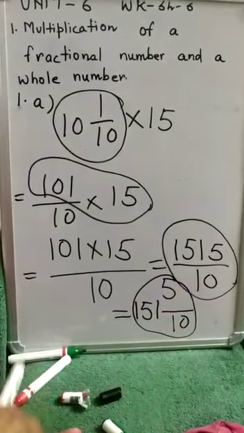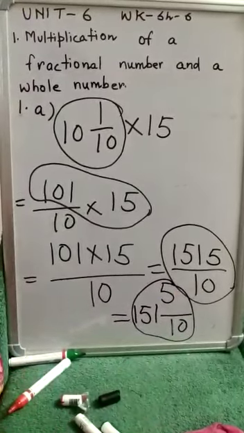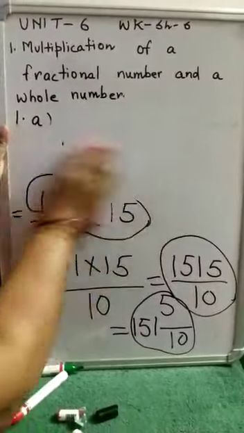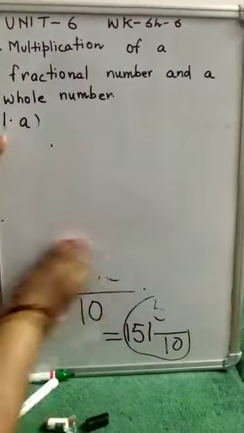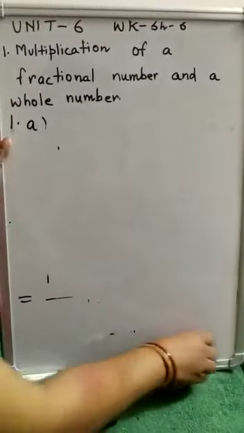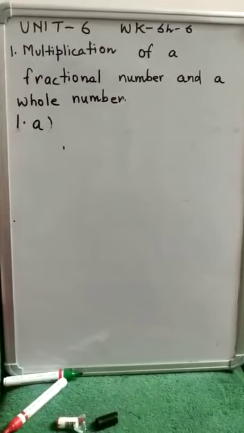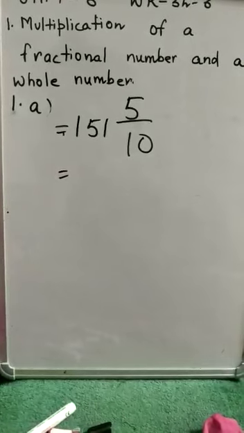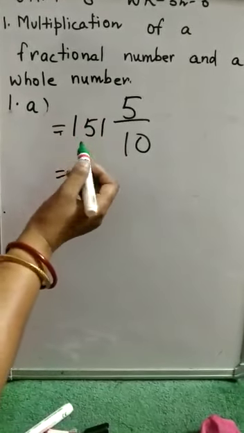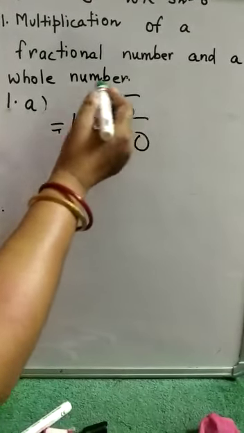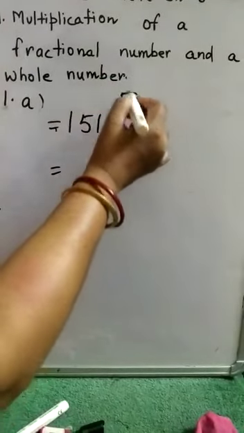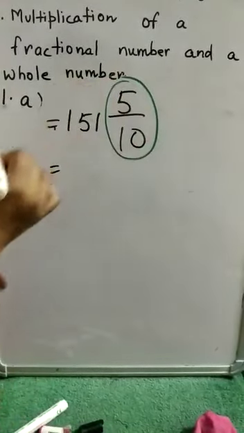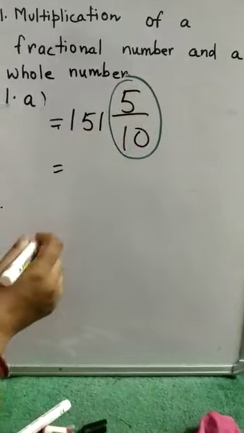Okay children, now let us take another example. Now here I have forgotten to tell you that this proper fraction 5 by 10 is not in the lowest term. So I have to convert it into lowest term.